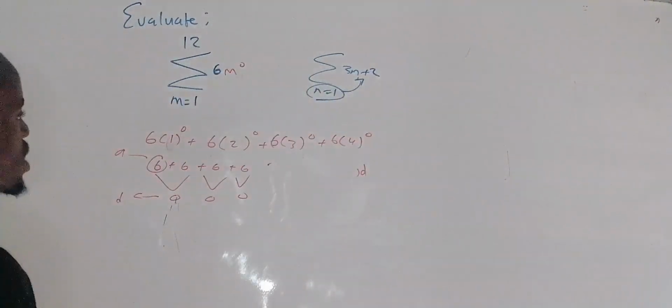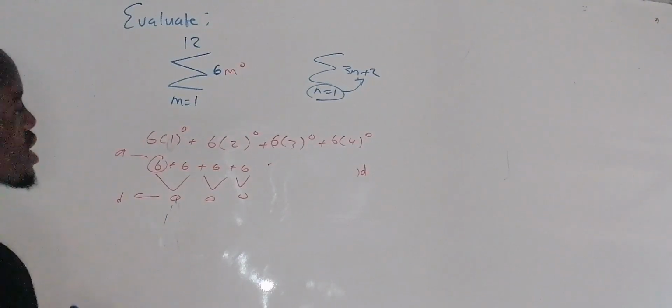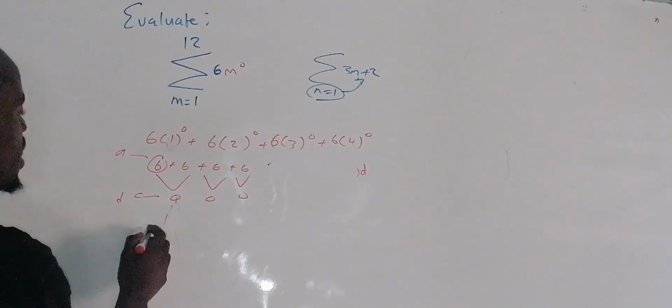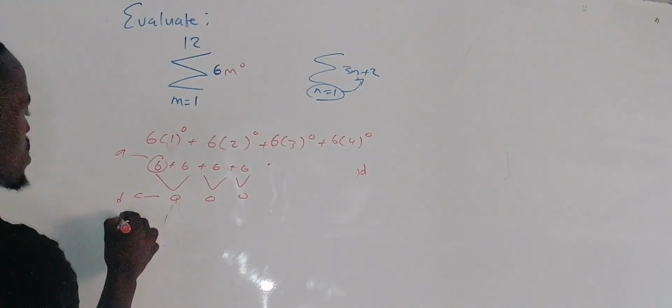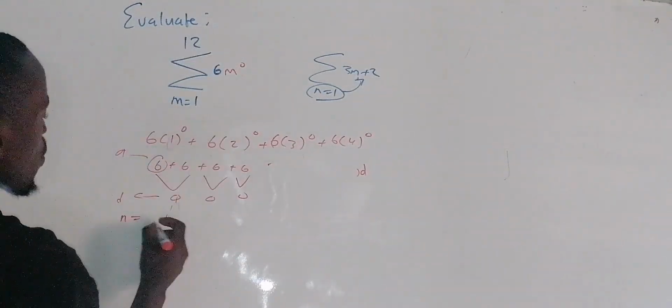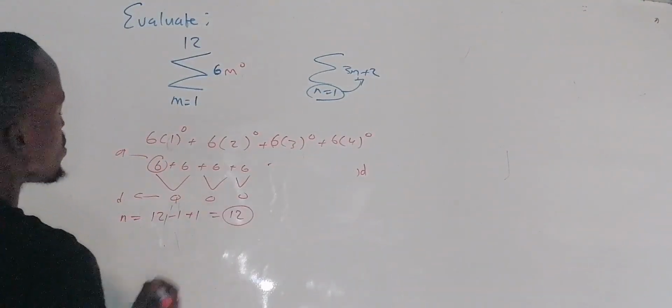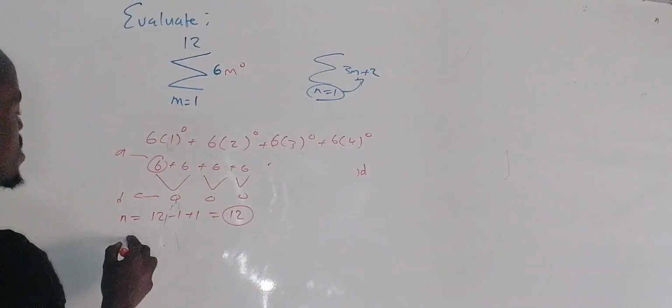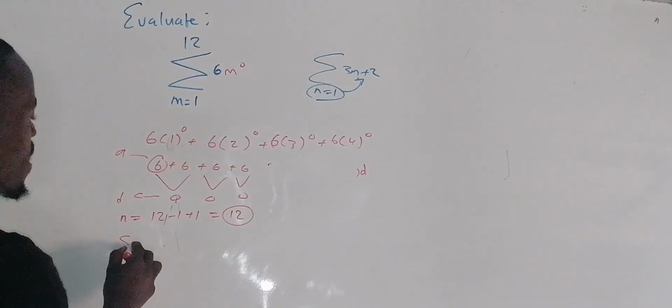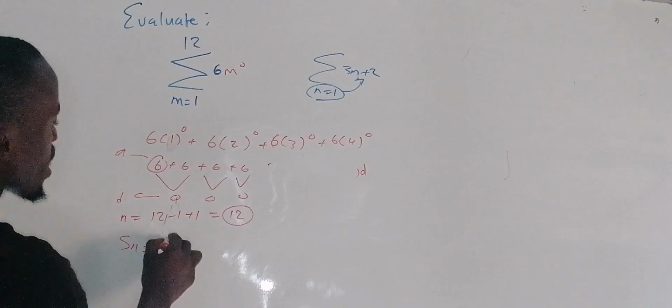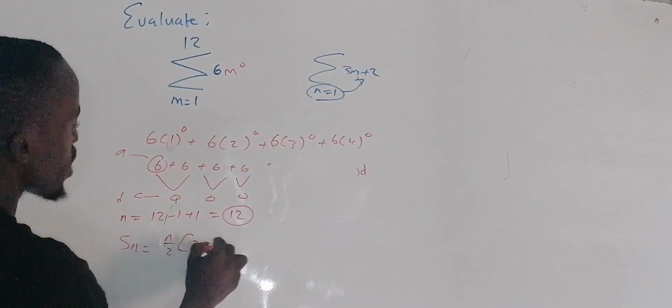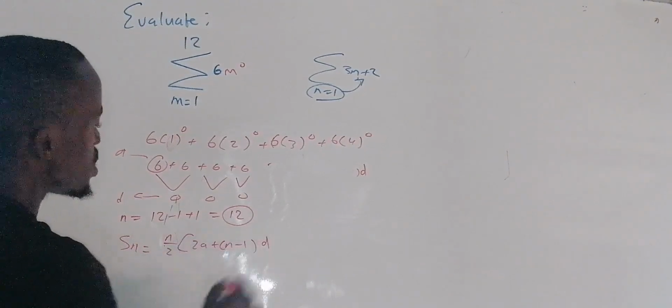But here they want us to calculate. We saw that this is what? It's an arithmetic. We got our D and the A. Therefore, how many terms? 12 minus 1 plus 1 equals 12. We'll be calculating the sum of 12 terms. So it will be Sn equals n over 2, 2a plus n minus 1 d.